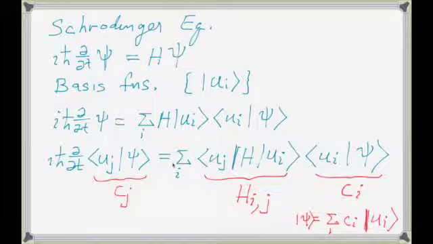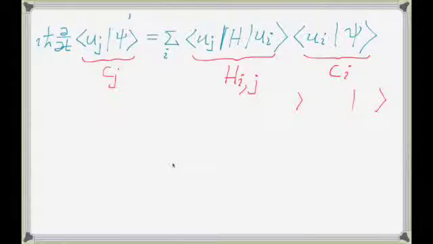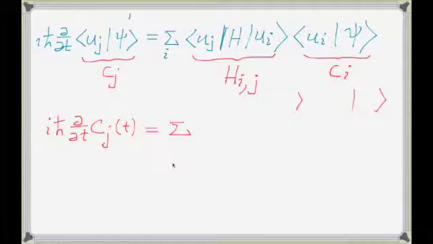Now I've converted this differential equation in space into a matrix equation of the form i h bar d/dt c_j, which is a function of time, is equal to the sum over i of H_ji c_i. Sorry, this is H_ji, not H_ij.